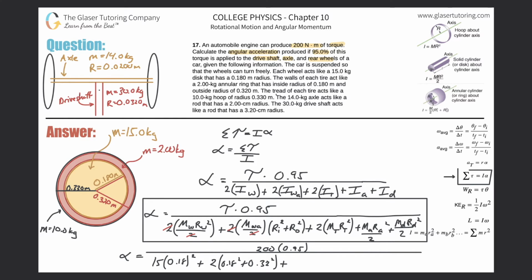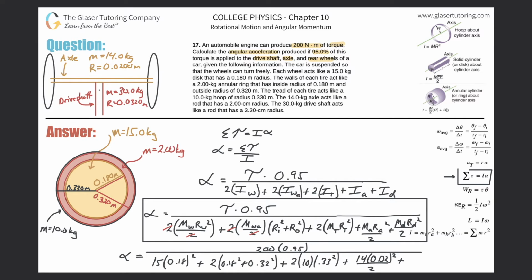Then plus 2 times the mass of the tread, 10 kilograms, so 2 times 10, multiplied by the radius, which they told us was 0.33, squared. Plus the mass of the axle, 14 kilograms, multiplied by the radius, which they gave us in centimeters, but we need meters, so 0.02 squared, all divided by 2.